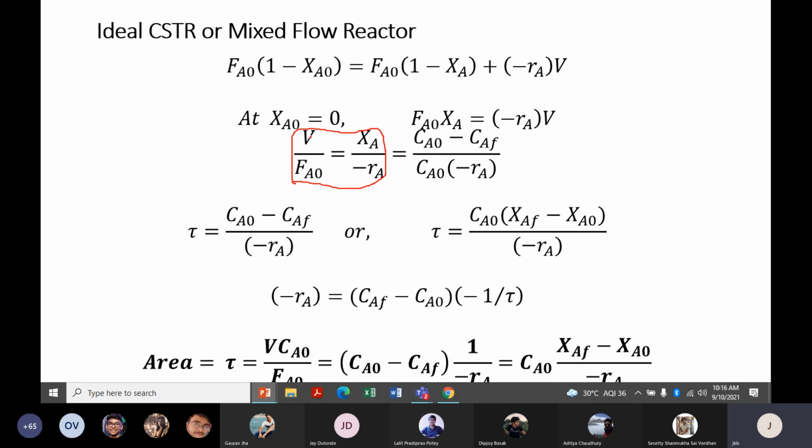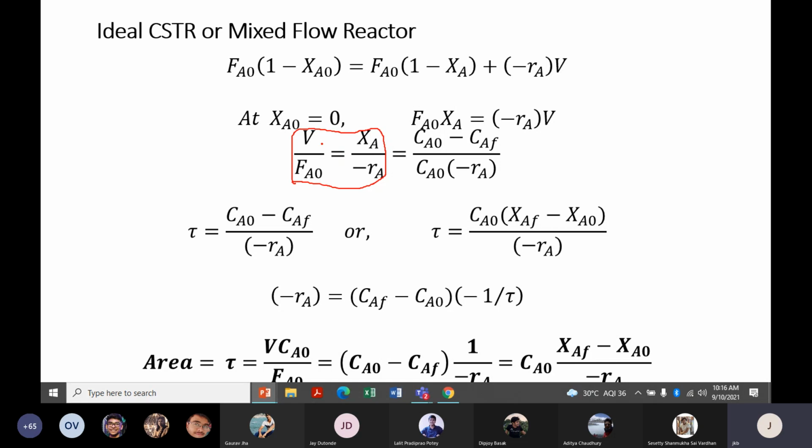So what will be the input parameters? Rate constant, order of the reaction, conversion, and feed rate. So for any specific capacity of CSTR or mixed reactor, we can design the volume of the reactor using this equation. And mind that it is for isothermal only.